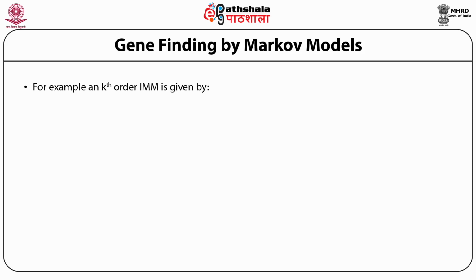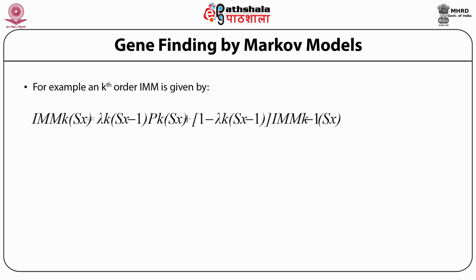In this case, my frequencies are weighted by lambda k wherever available. When not available, I use, with a certain weight, a lower order, k minus 1. So lambda k is a weighting function: if I have enough statistics, I use the weighted function for the highest order possible.